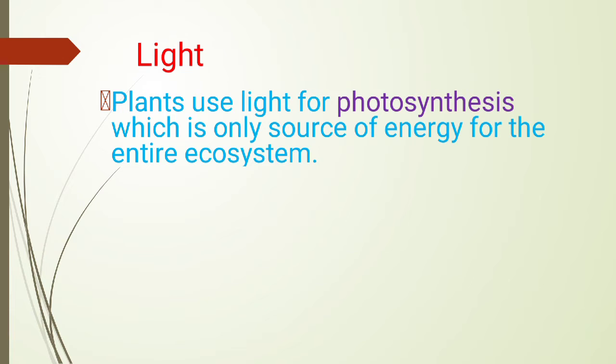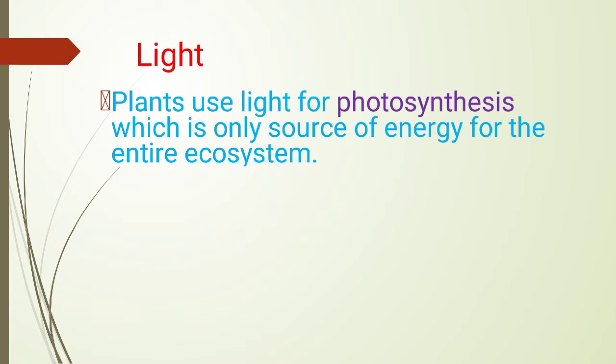Why is it called the entire ecosystem? Because plants use light from sunlight for photosynthesis, and by photosynthesis food is produced. We know that plants are producers as they produce the food, in the form of fruits and vegetables, as we all know. Now herbivores are the animals which feed on plants, that is on the producers, and carnivores are the animals which feed on herbivores.